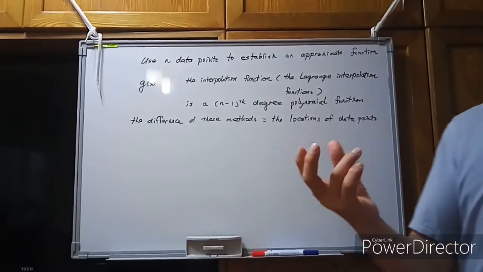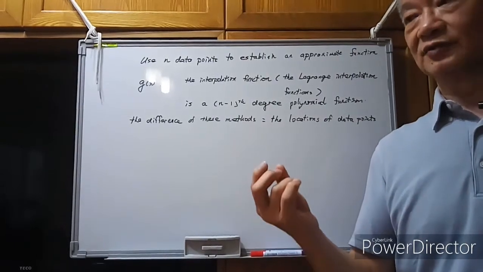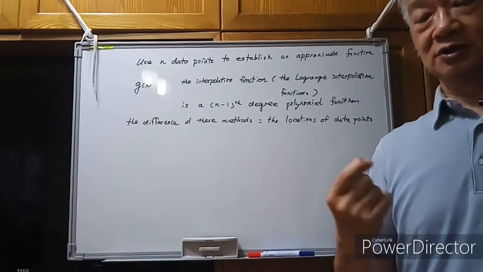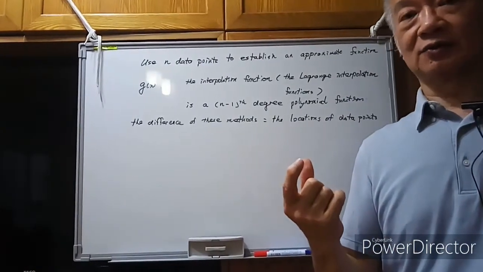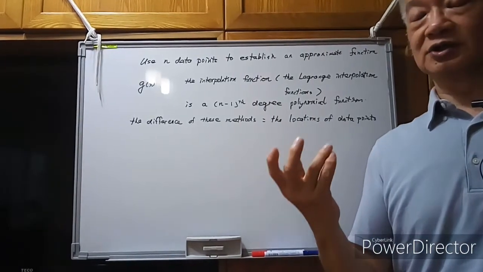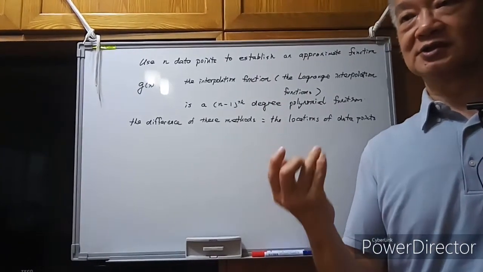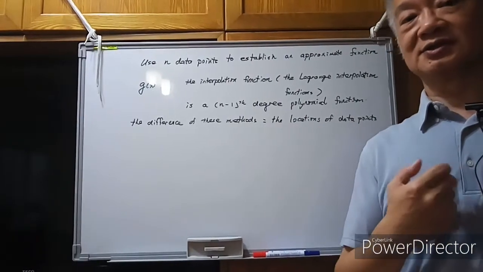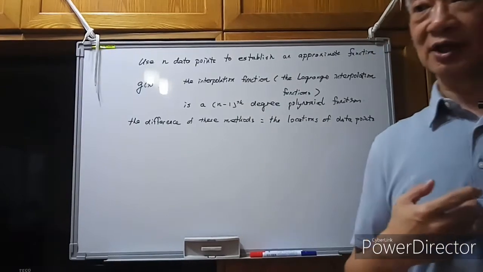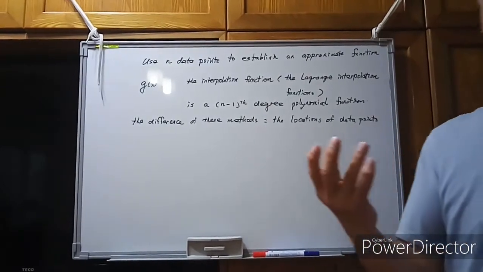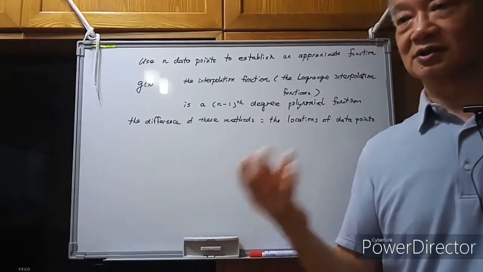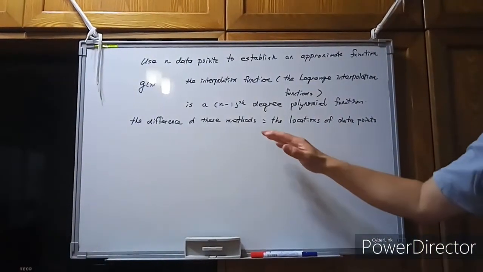Therefore, if we use the trapezoidal rule, the two data points will be the two endpoints. If we use the 3-point or second degree Simpson's rule, the 3 data points will be the 2 endpoints plus 1 middle point. The middle point and the 2 endpoints divide the subdomain into 2 equal areas.